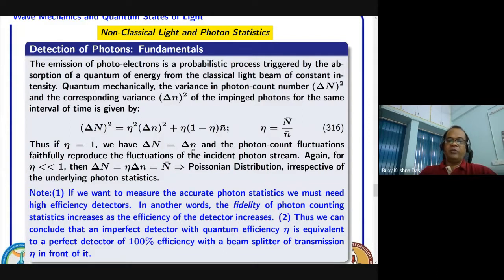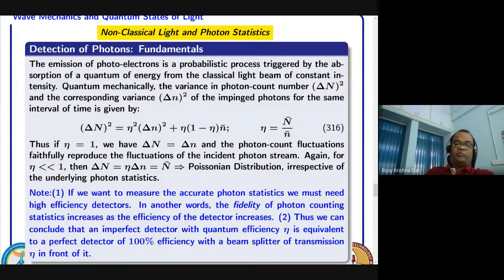If it is sub-Poissonian, delta n can be less than square root of n bar, then it will also be sub-Poissonian. So high efficiency eta is always good to reproduce things. Otherwise, that is not the ideal situation.